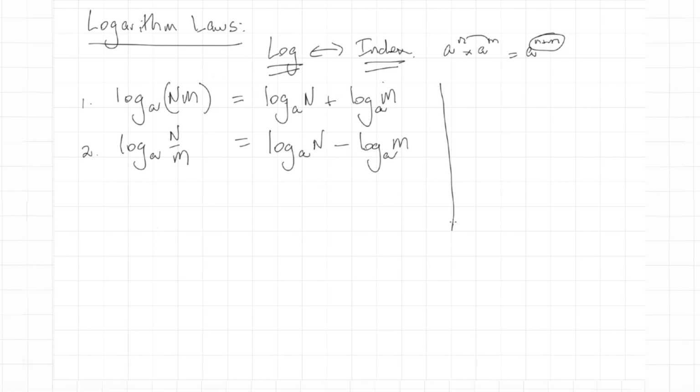And maybe out here we might do some examples. So for instance, the log to base, we'll just make some bases up here, of 7 times 9. So for instance, the log of 63, 7 times 9, 63 to base 5 is the log of 7 to base 5 plus the log of 9 to base 5.